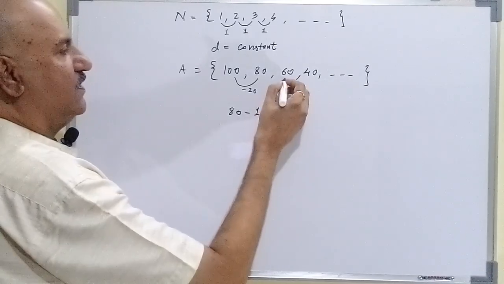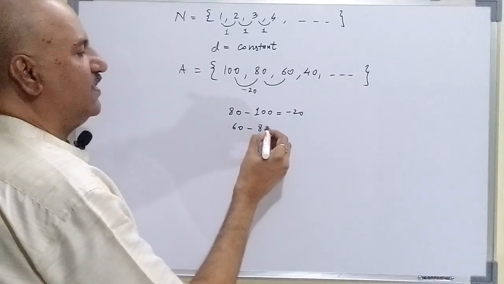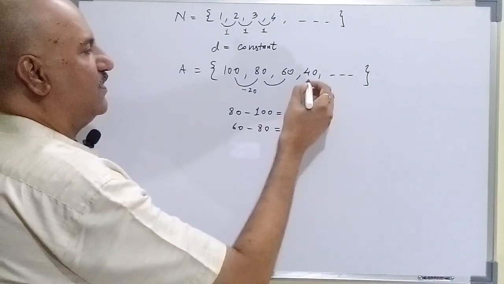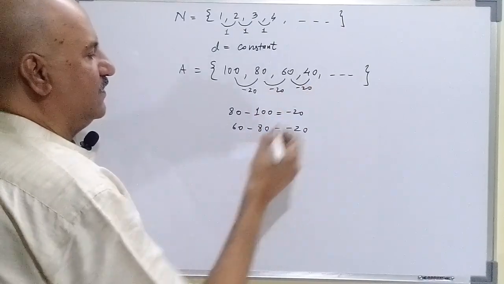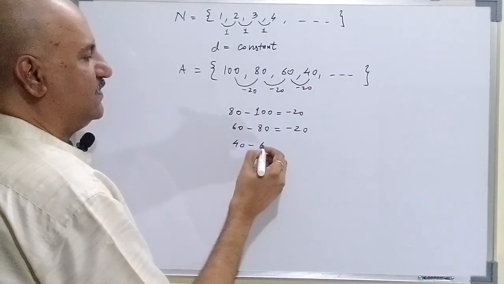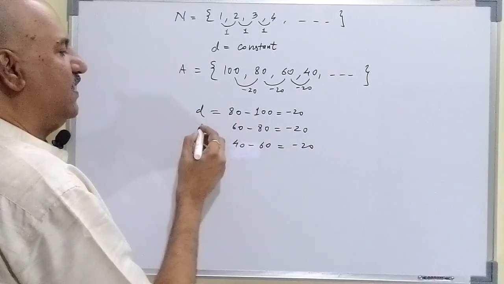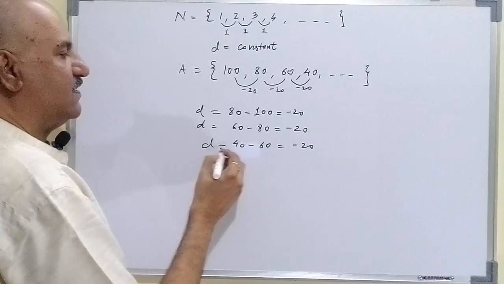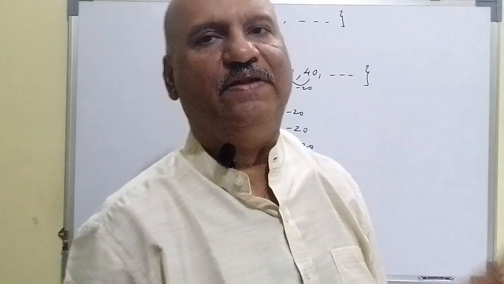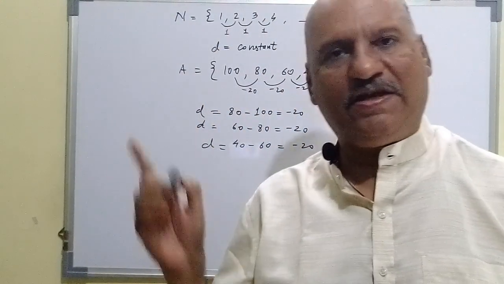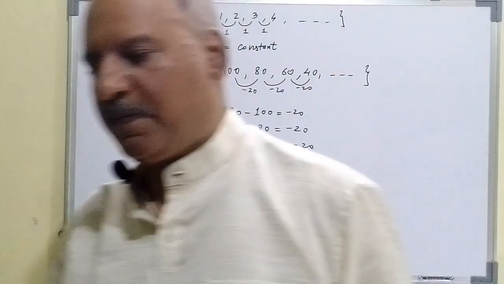Minus 20. 60 minus 80, minus 20. 40 minus 60, difference is minus 20. So we can say common difference D is minus 20, whether it is plus or minus. Then we say the given sequence is an arithmetic progression.